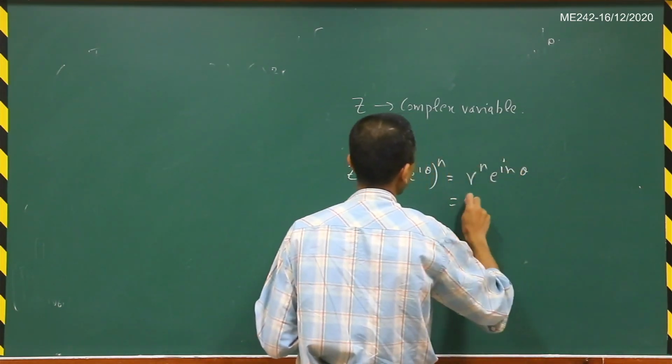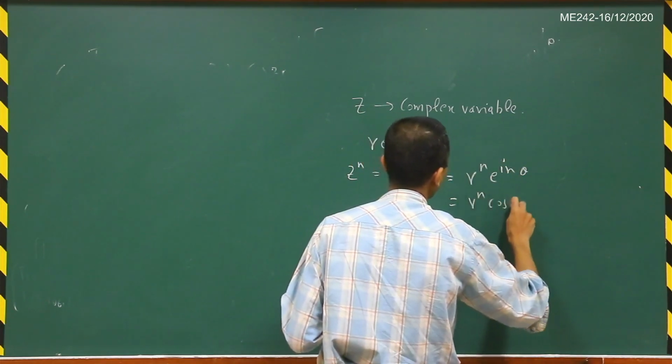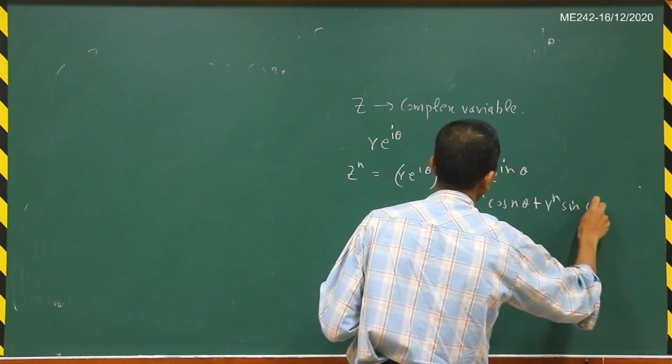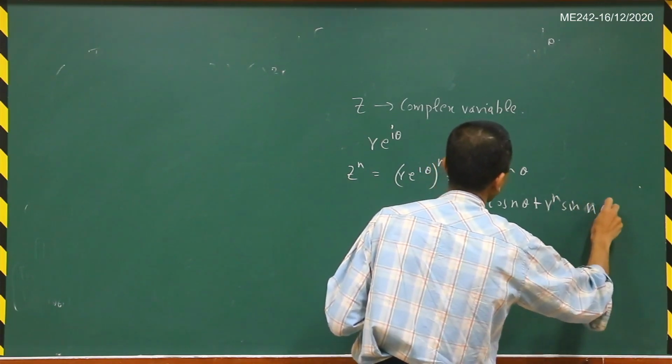Okay, and this is equal to r to the n cos n theta plus i r to the n sin n theta.